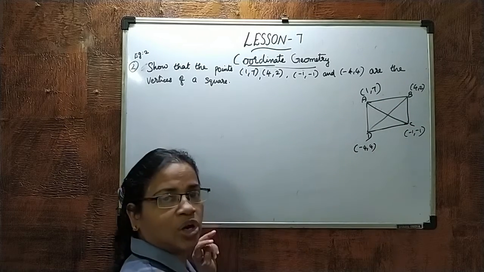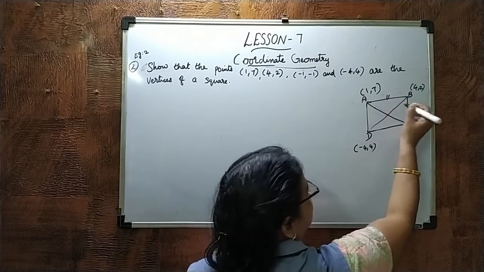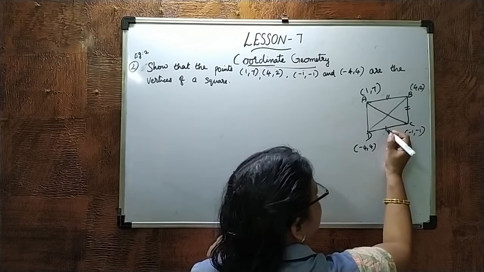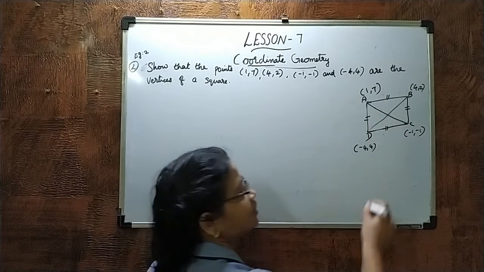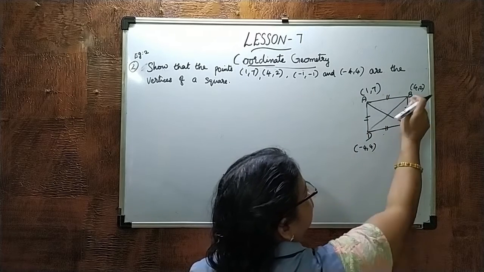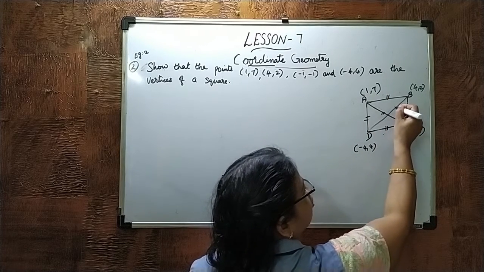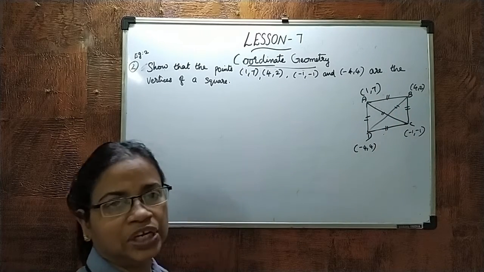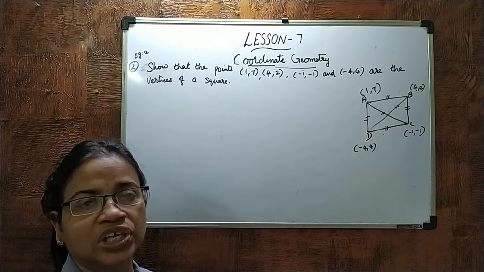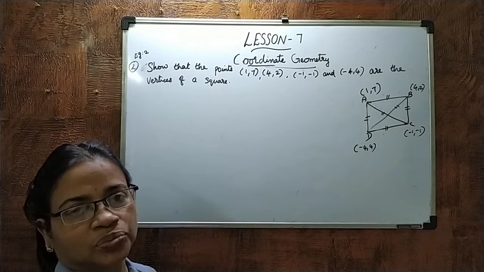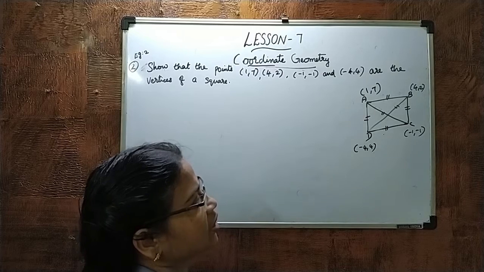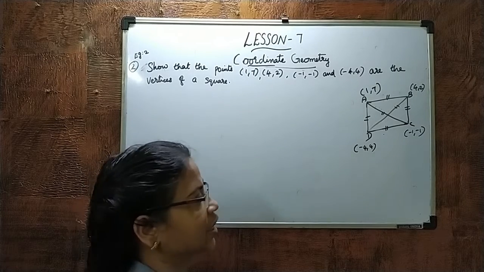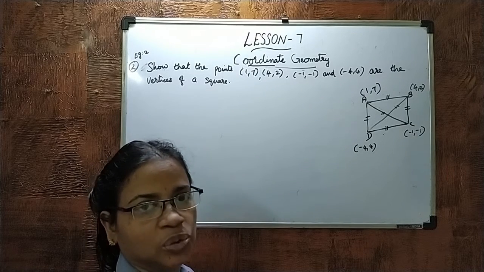All sides equal means AB should be equal to BC, equal to CD, equal to AD, and AC should be equal to BD. These things you have to show, right? So AB, BC, CD and AD should be equal and then the diagonals also should be equal.